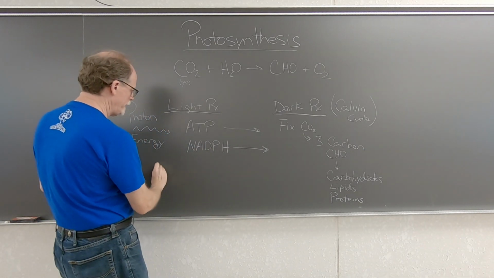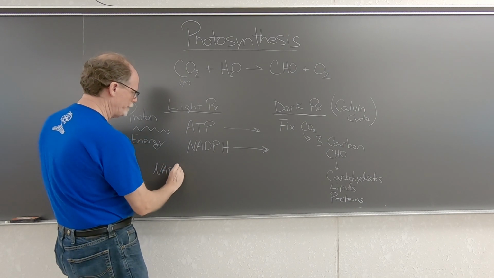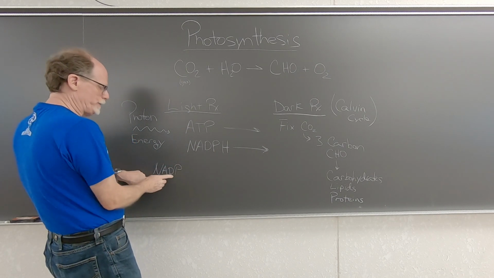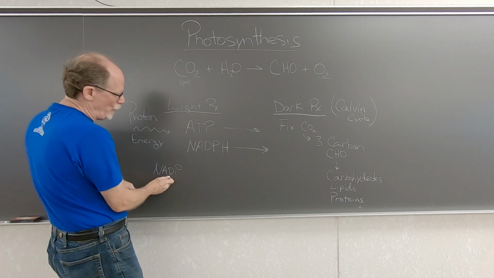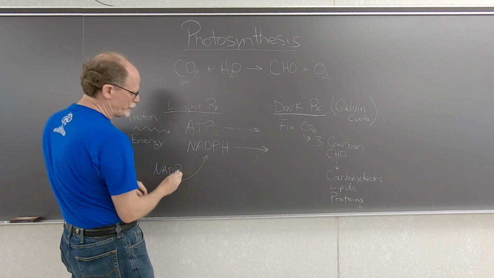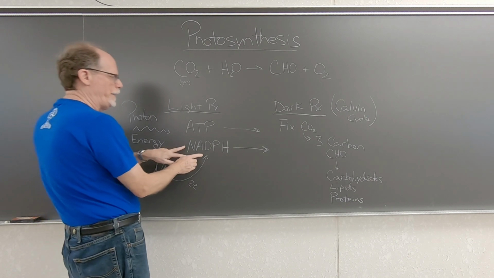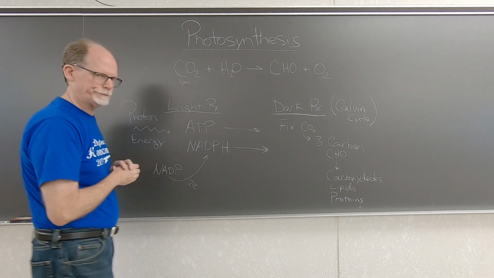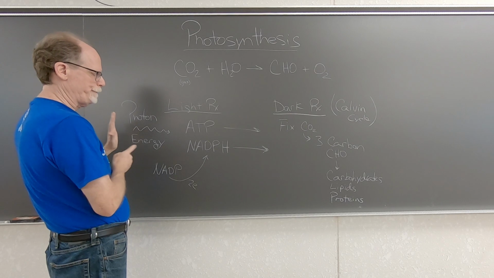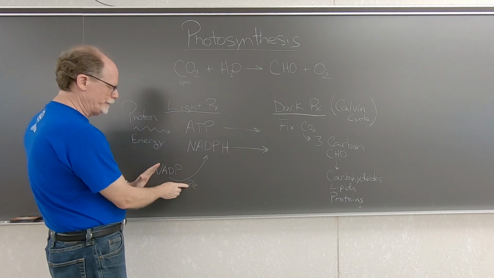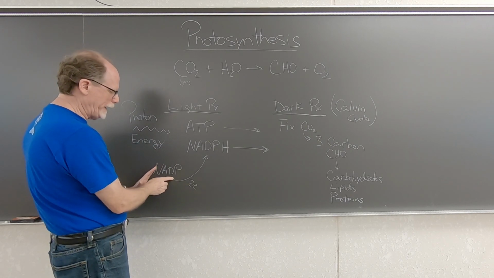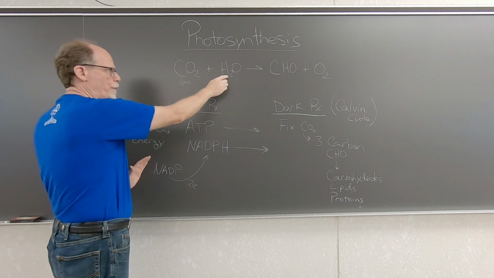So NADP in photosynthesis lacks 2 electrons. When it becomes NADPH, 2 electrons are added to this molecule. The electrons that you feed NADP come from water.